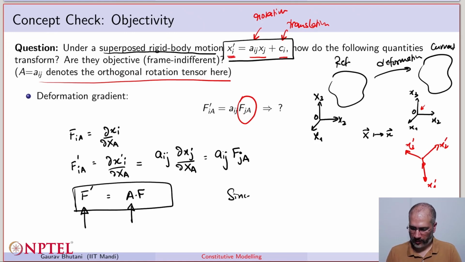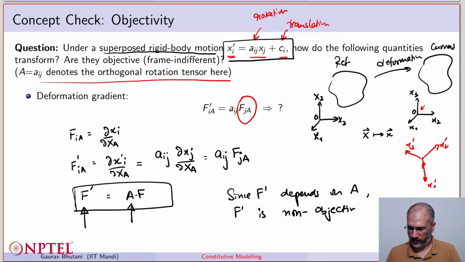So we say that since F' depends on A, F' is non-objective, or it is not objective. So if F is not objective, then let us see if the quantity C, that is the Green's deformation tensor, which is F transpose F, is objective or not.